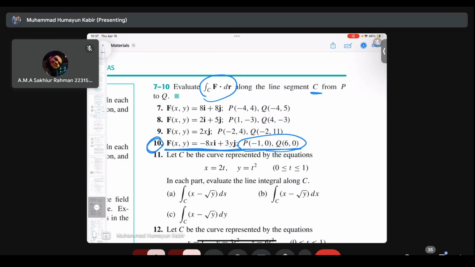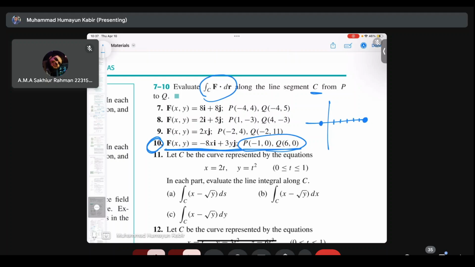I repeat, you must know the position vector along the curve C. So look at here. Tell me, where is (6, 0)? 2, 3, 4, 5, 6. (6, 0) is this one. Where is (-1, 0)? On the negative x-axis.